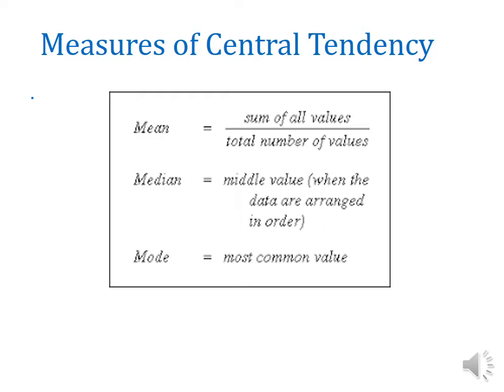The most repeated value in set A is called the mode, and in other sets, for example set B, set C, set D, the most repeated value in the data set is called the most common value, and is also called the mode.